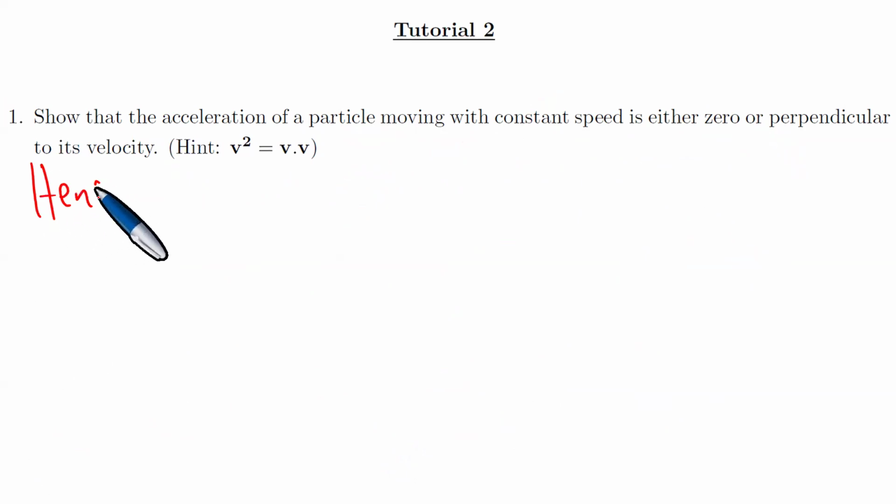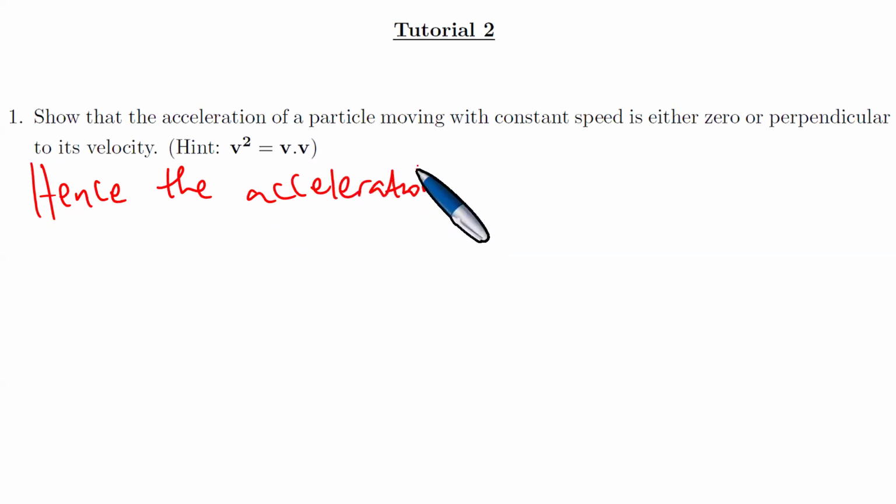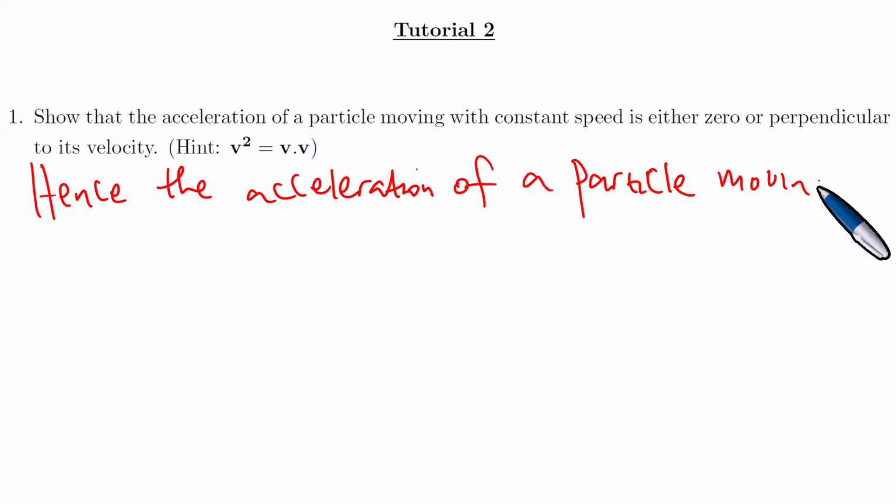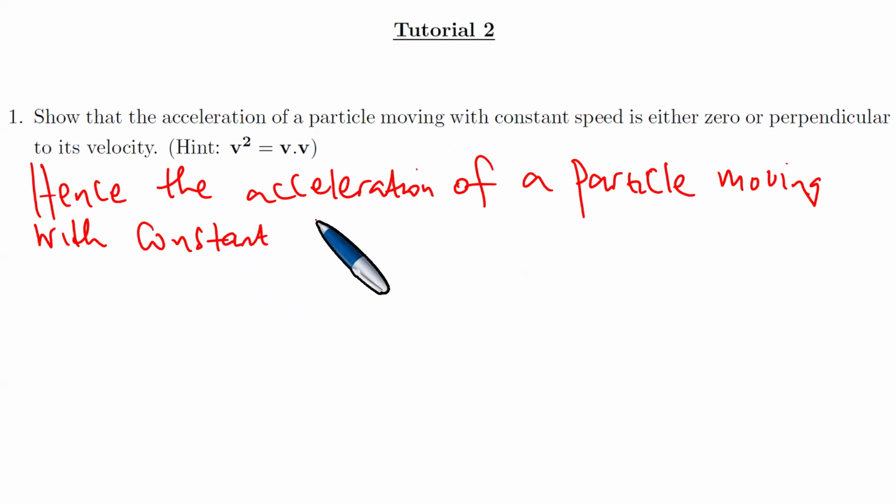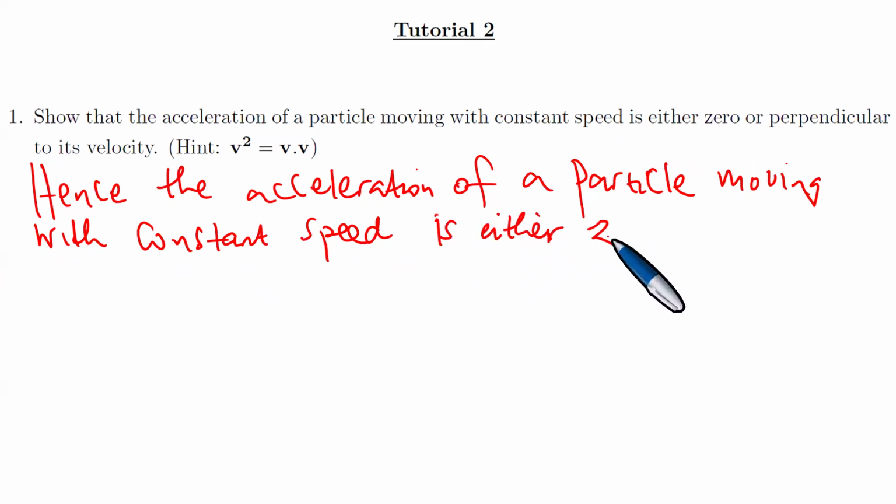Hence the acceleration of a particle moving with constant speed is either 0.